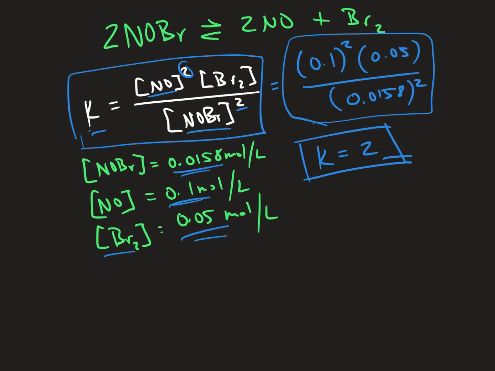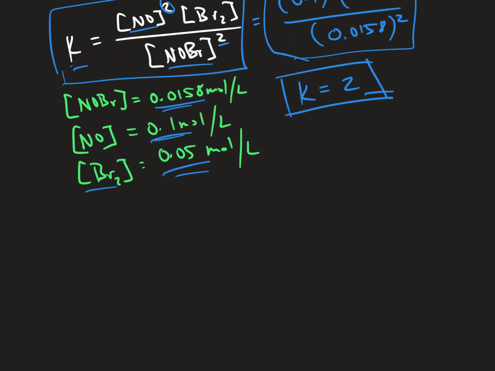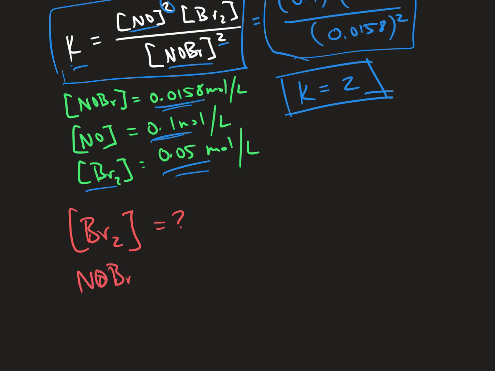All right, so let's use this same reaction, but a different problem. Let's say we're using the same reaction. We need to calculate Br2, the concentration of Br2. That's what we're looking for. And we know the concentration of NOBr is 0.016 moles per liter.